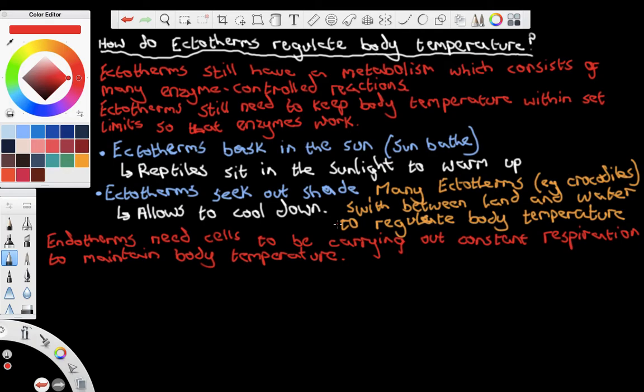Ectotherms do not need to do this, and therefore only use 1/10 of the energy of endotherms.